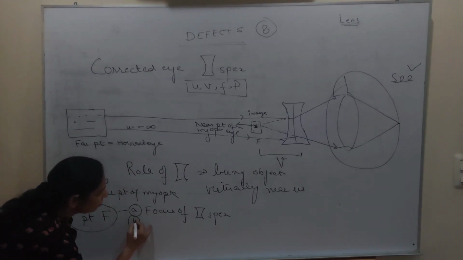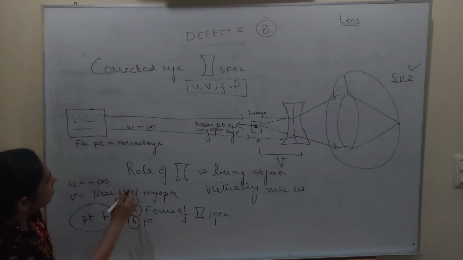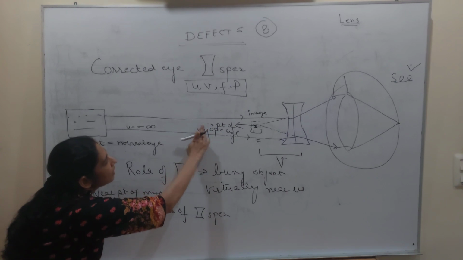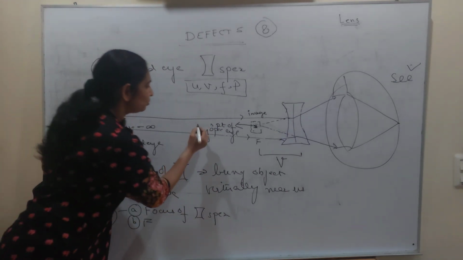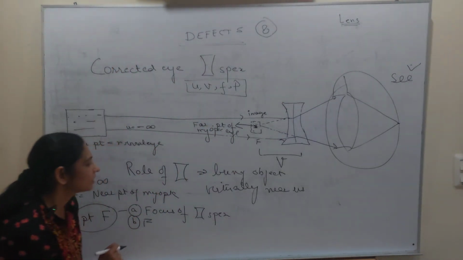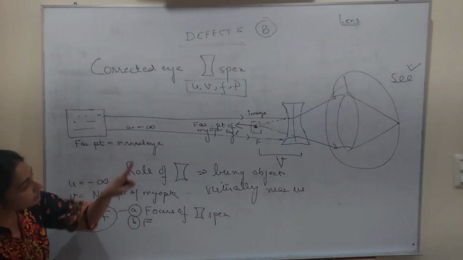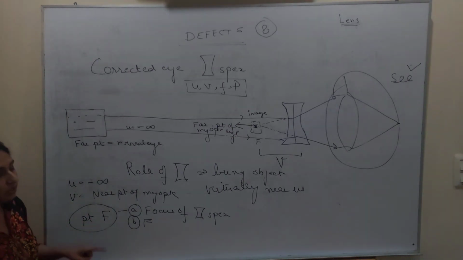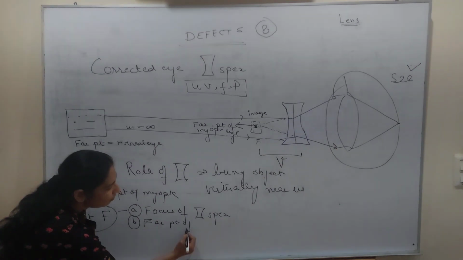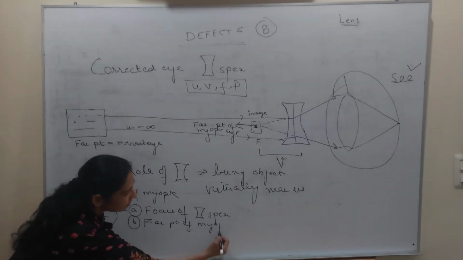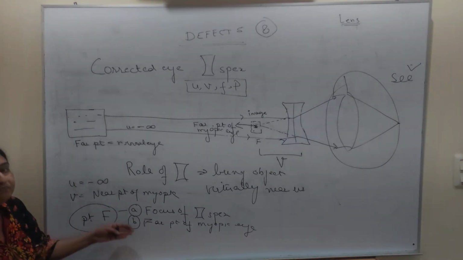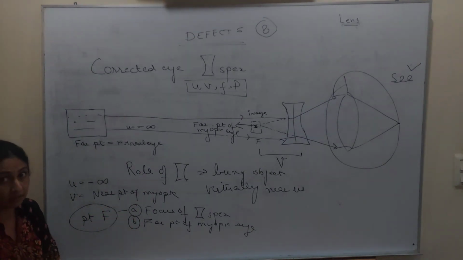Second, it is also the... I just wish you all were live and could keep telling me the mistakes that I keep making. And the same point F is also the far point of the myopic eye. So they can give the question in any language, and we should know all the languages that can be used.